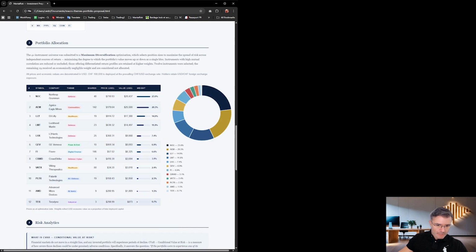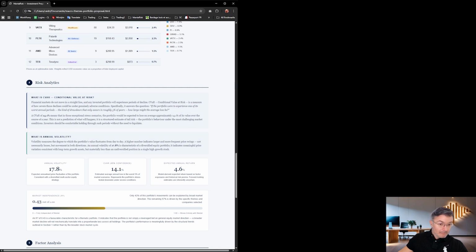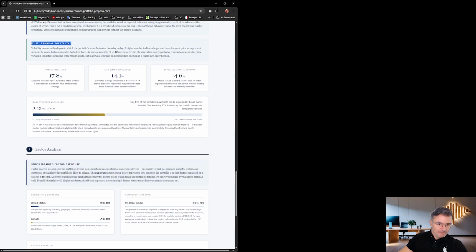The portfolio allocation, explanation as to obviously what is CVAR and the other statistical results and what they mean.